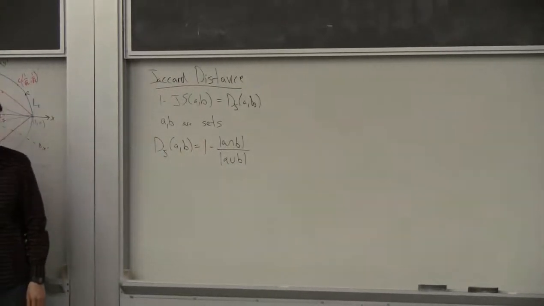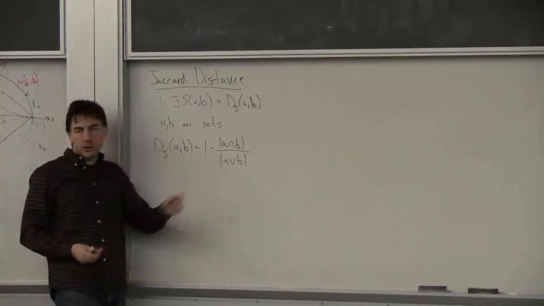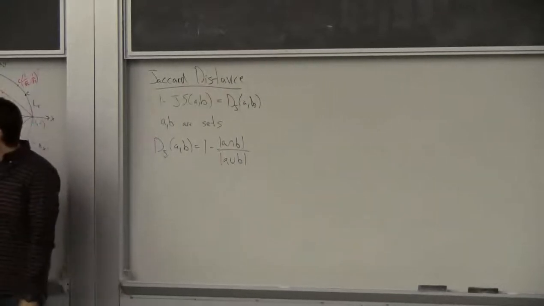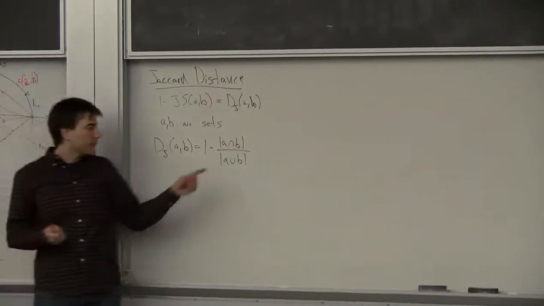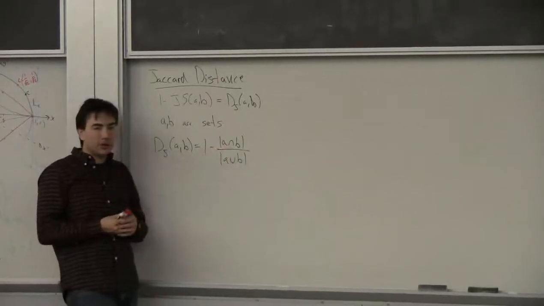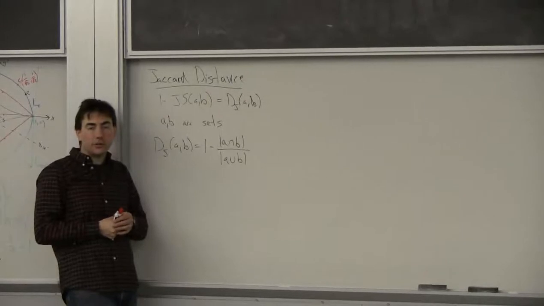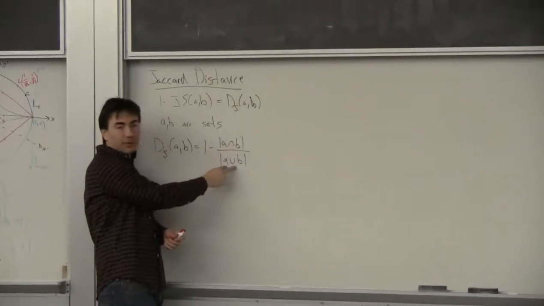The distance is symmetric because the operations of the intersection and the union are symmetric, so the sizes of these are also symmetric. If A and B are equal to each other, then I should have a distance that's equal to 0. That's because the intersection is going to be the same as the union.